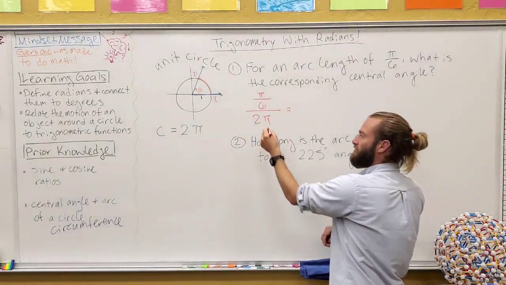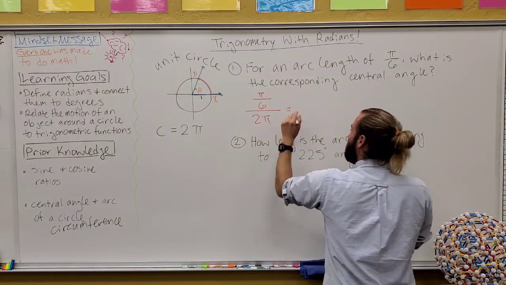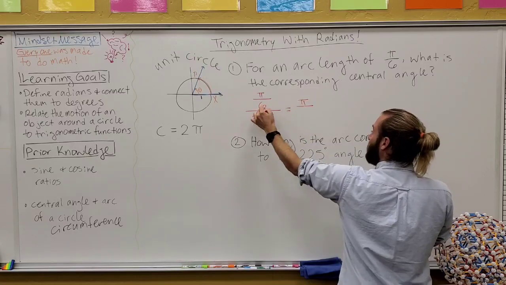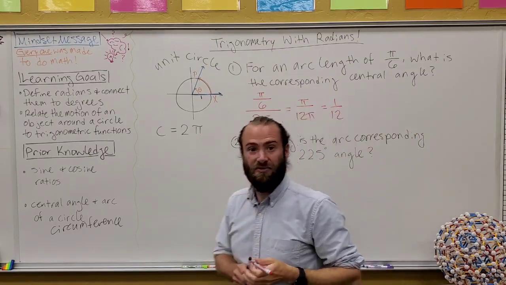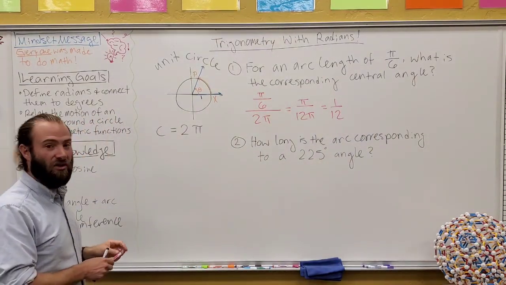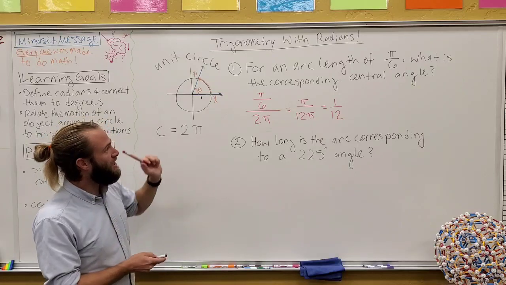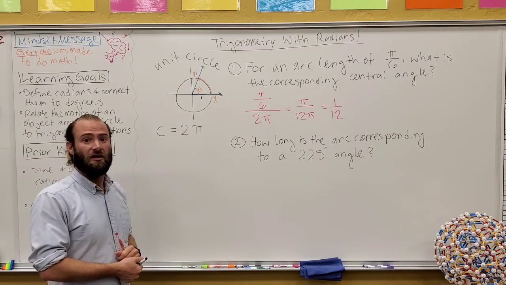You could also think of this as over 1, so you flip it and multiply. Either way, this ends up being pi over 6 times 2 is 12 pi, and that gives me 1/12. So I know that I have 1/12 of the circle covered. Going back, what is the central angle? It must be a 12th of 360.